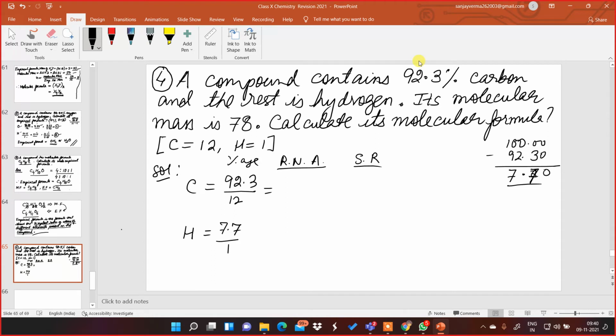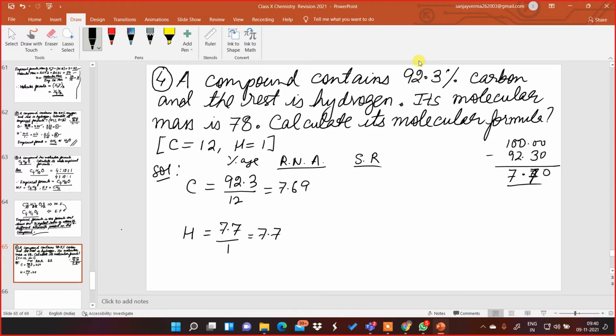If you divide 92.3 by 12, 12 7s are 84, 12 6s are 72. 12 9s are 108. Sir, 7.91? No, this will be 7.7 only. Just check 92.3 divided by 12.